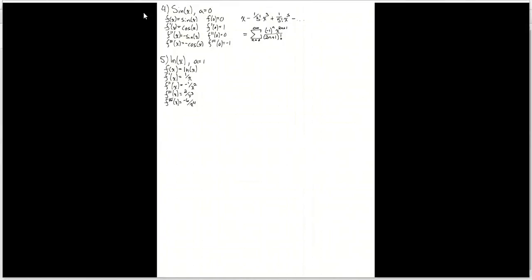Right? So now if we're plugging in 1 to these, f of 1, this guy's going to be 0. F prime of 1 is 1. F double prime of 1 is -1. F triple prime at 1 is 2. And then the 4th derivative at 1 is -6.